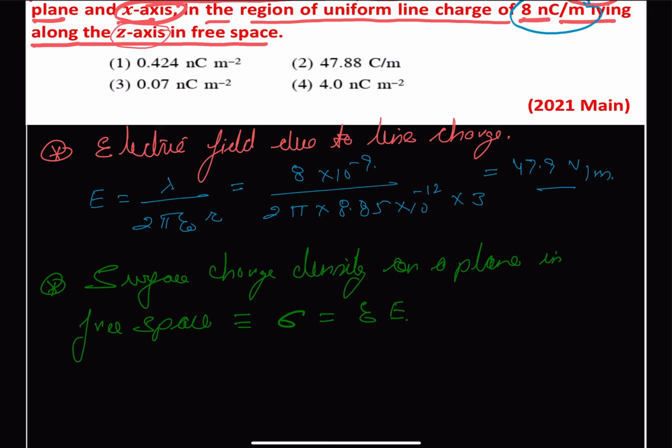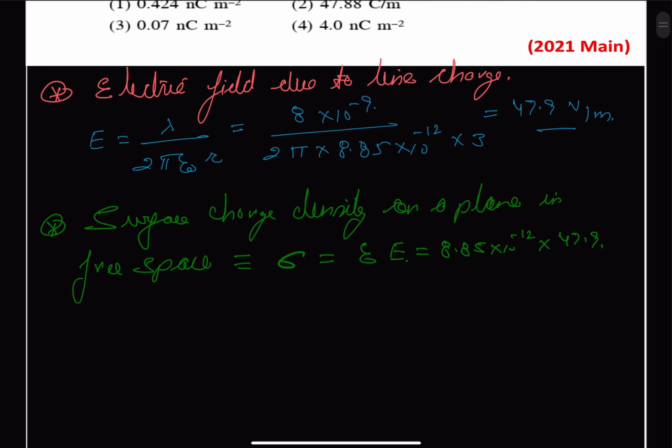Epsilon naught we know is 8.85 into 10 to the power minus 12. Electric field is 47.9. So this gives us that the surface charge density will be approximately 4.24 into 10 to the power minus 10 coulomb per meter square.